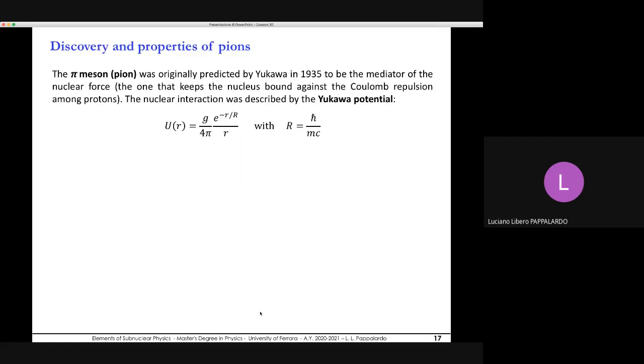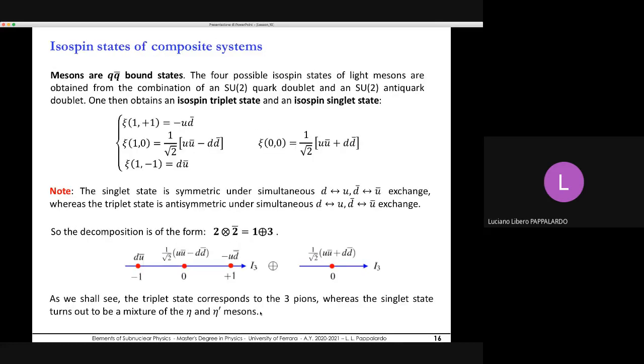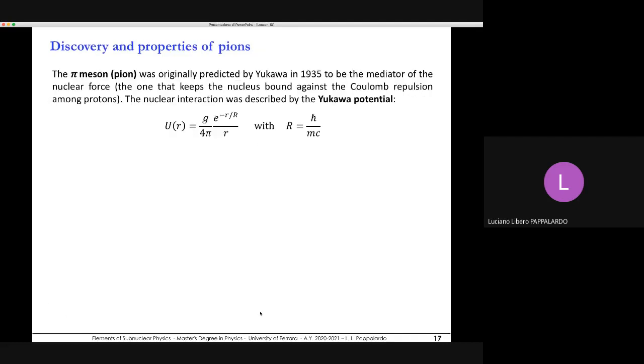So let me now open a parenthesis on the discovery of pions and on the measurement of their spin. Let me go back to the Yukawa idea that we already discussed. The pi meson, or just pion, was predicted by Yukawa back in 1935 to be the mediator of the nuclear force, which is the one that keeps the nucleus bound together against Coulomb repulsion among the protons.